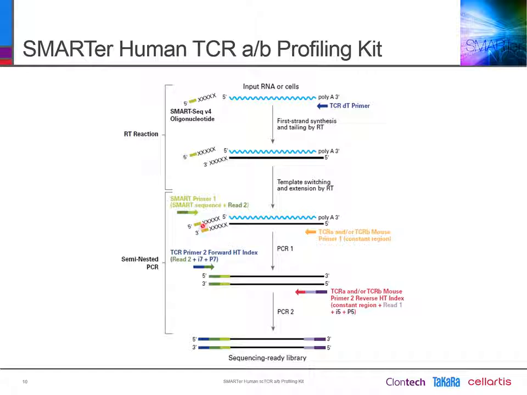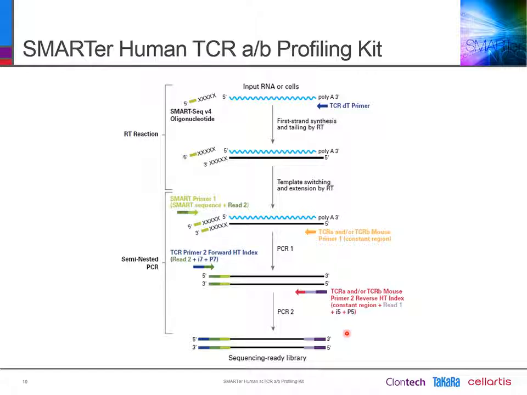In the first PCR, you add in a SMART primer that has complementarity with the SMART sequence and the Illumina read primer too. In the reverse primer, you have incorporated part of the constant region of the human or mouse TCR alpha or beta locus. By doing that, you end up with a cDNA which now has Illumina sequences as well as part of the constant region.